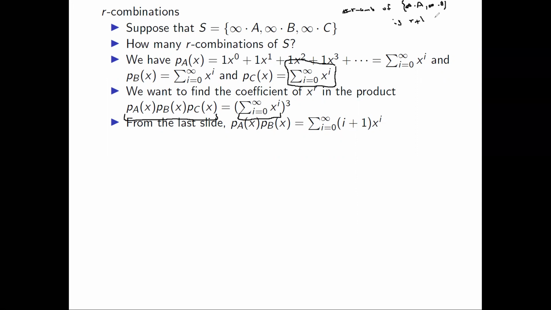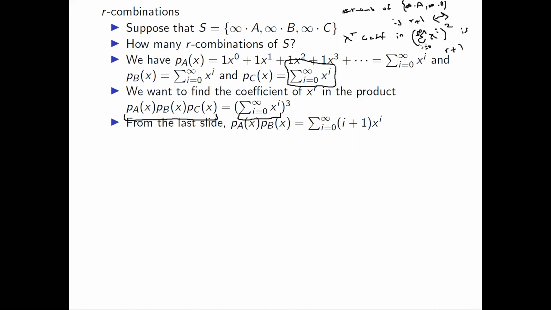The way we calculated that is we showed that the x to the r coefficient in this product, the sum i equals 0 to infinity of x to the i, squared, is r plus 1.